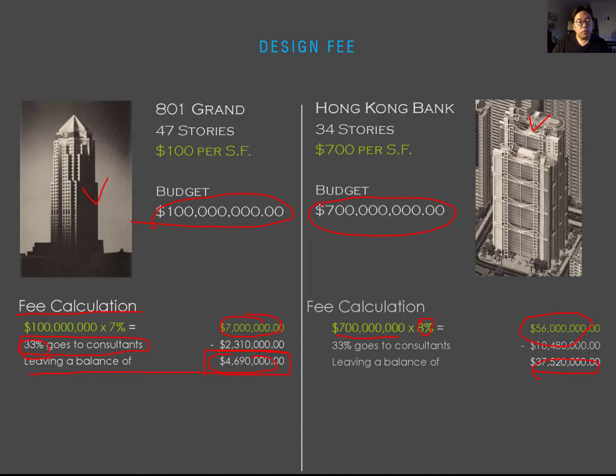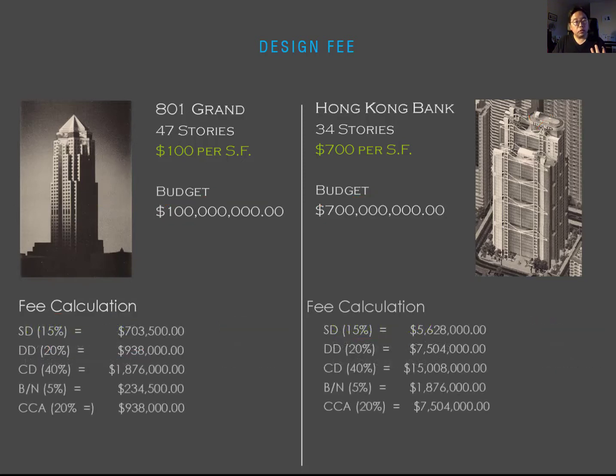Okay? So from this calculation, you cannot get this money all at once. You have to divide this cost by the phase. We talk about these phases next week, but just understand SD, which is schematic design, DD, design development, CD, construction documents, BN, bid and negotiation, and CA, construction administration.